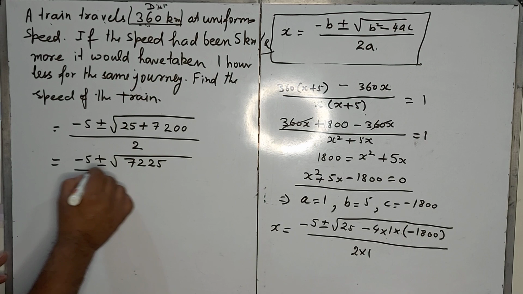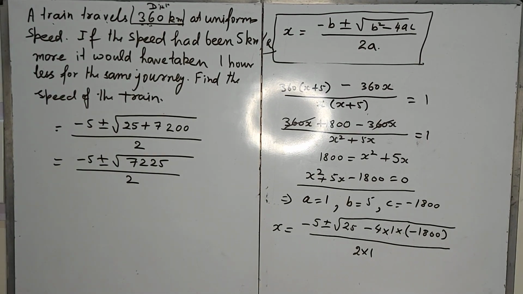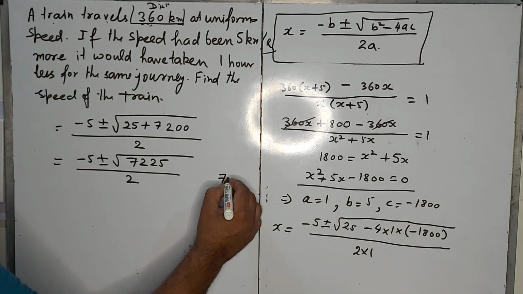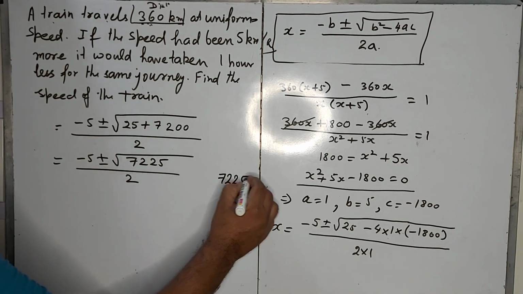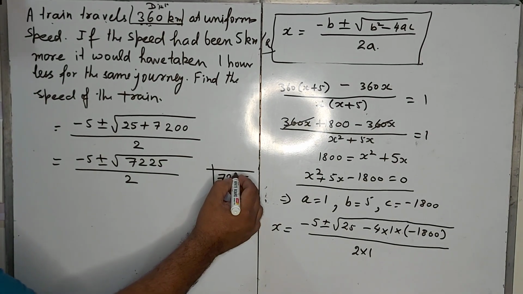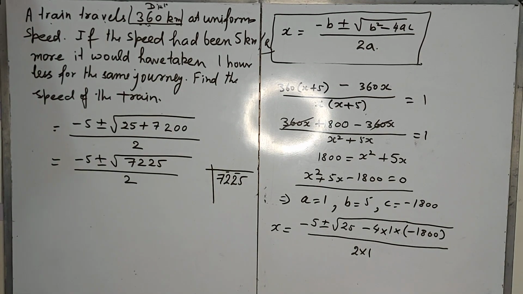7,225 divided by 2. Now we find the square root of 7,225. You have studied finding the square root in 8th class. Make pairs. 8 8s are 64.